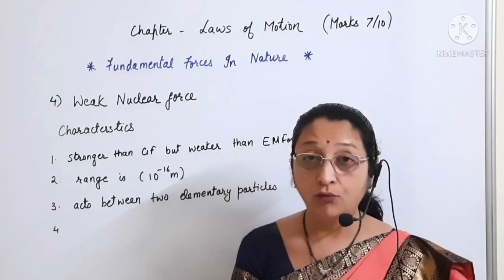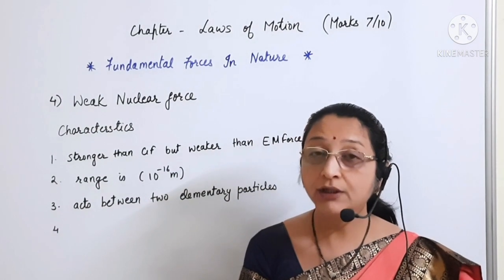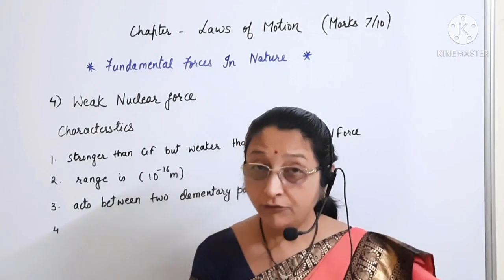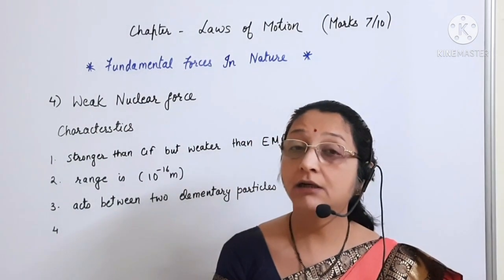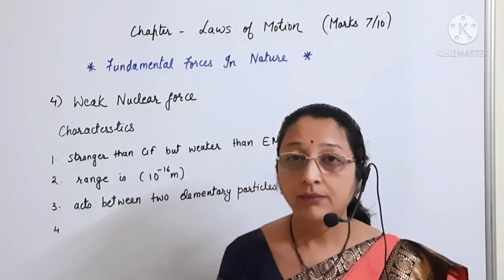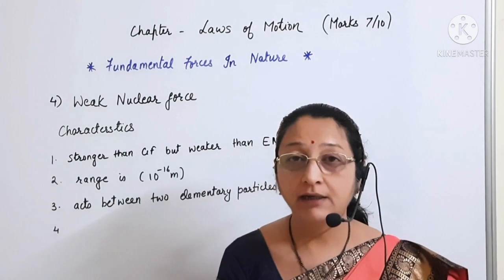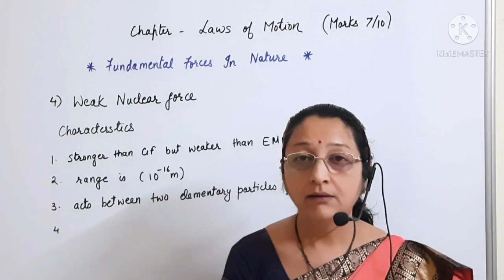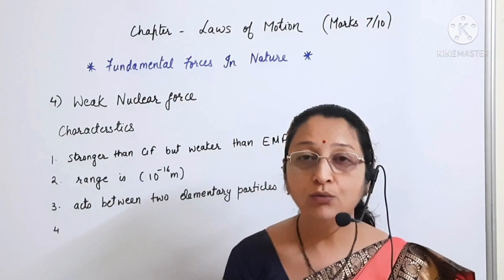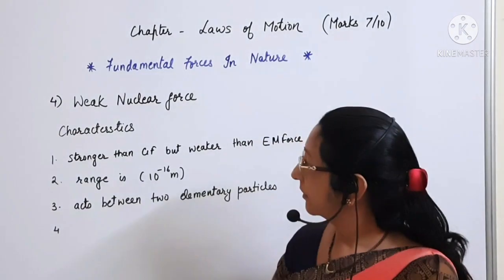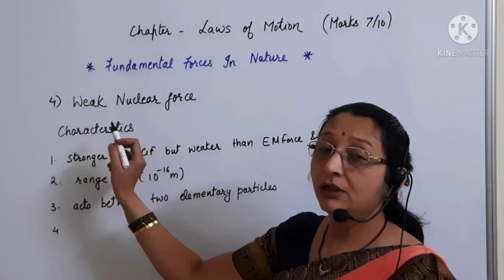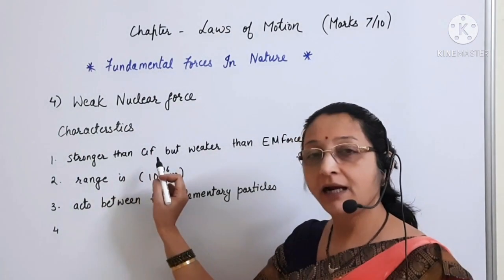There is one more force related to the nucleus, that is the weak nuclear force. The weak nuclear force is the interaction between subatomic particles, due to which there is radioactive decay from the nucleus. Characteristics of the weak nuclear force are, this weak nuclear force is stronger than the gravitational force.